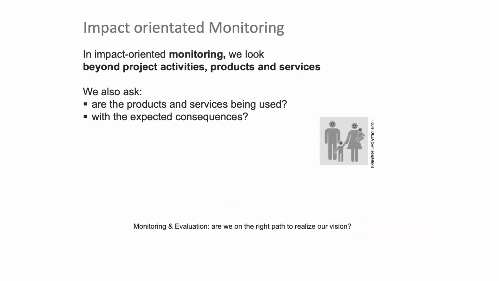Impact-oriented monitoring. There we look beyond project activities, products, and services. Here, I think I already mentioned it in the beginning, we have to ask, are the products and services, so our output level, are they being used? And are they being used in the way we planned for? And if they are being used, can we see the expected consequences? So do we really reach the improvement which we want to see?